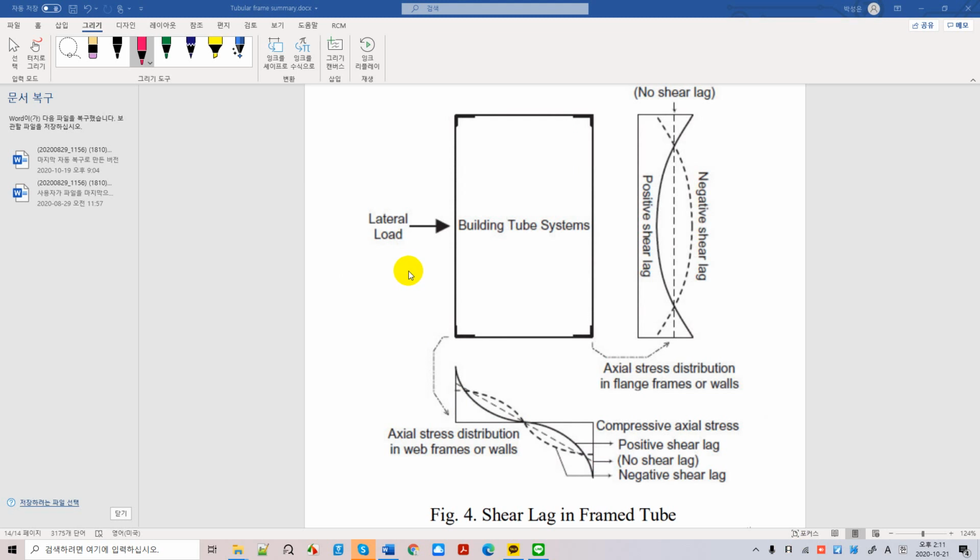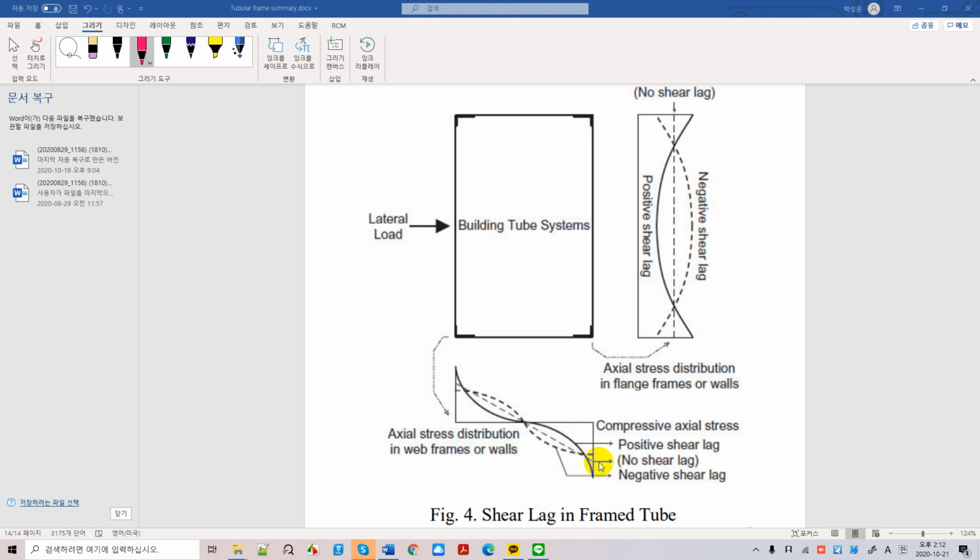I am explaining one more time, looking at this case here, building frames. You have a lateral load in this direction, from left to right, and if you have perfect shear strength for girders and beams, you will have a straight line distribution here. So it is based on perfect shear strength of girders.